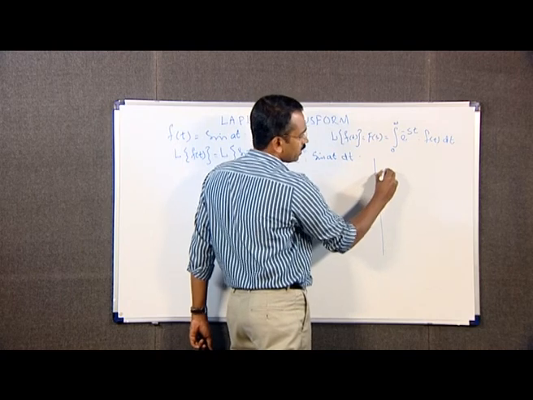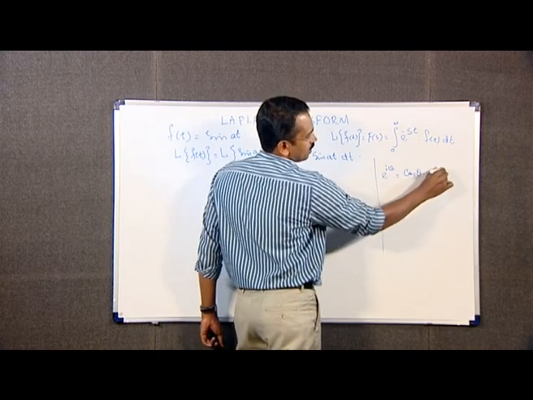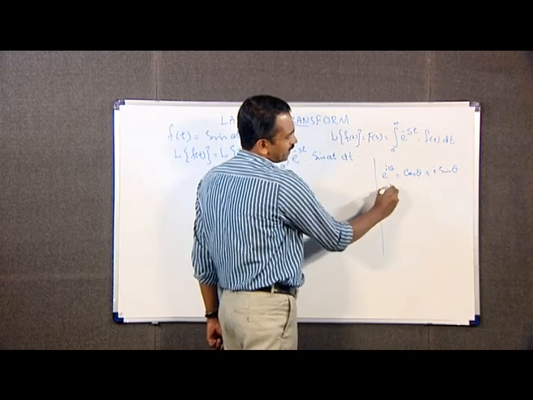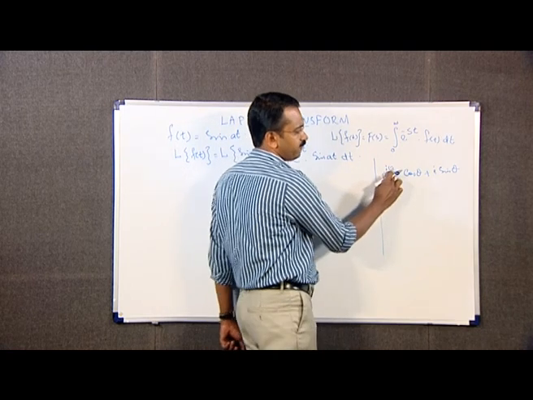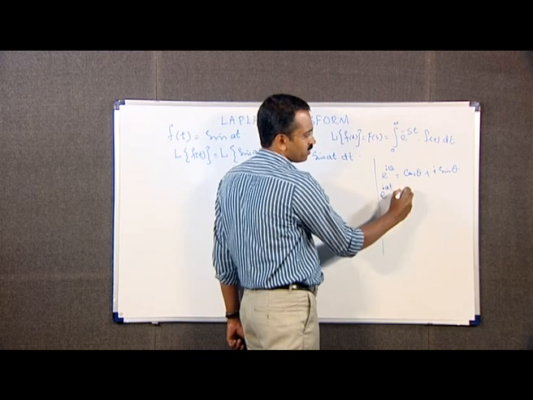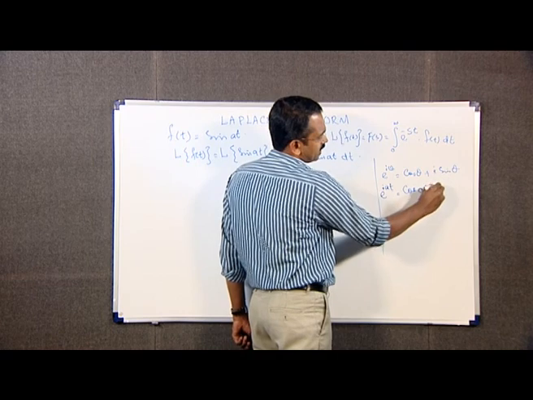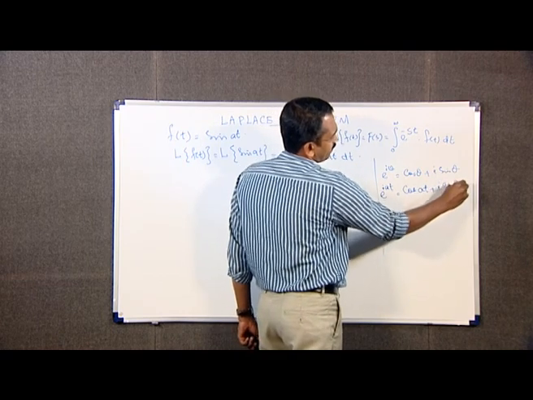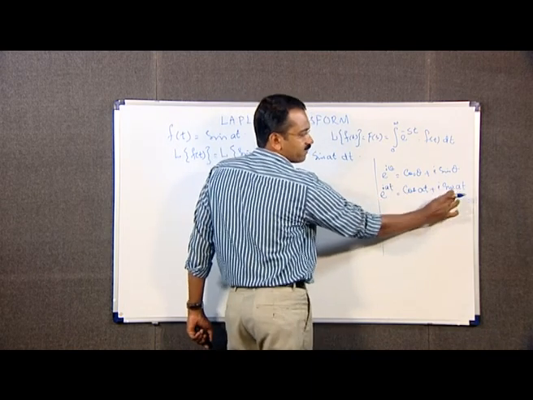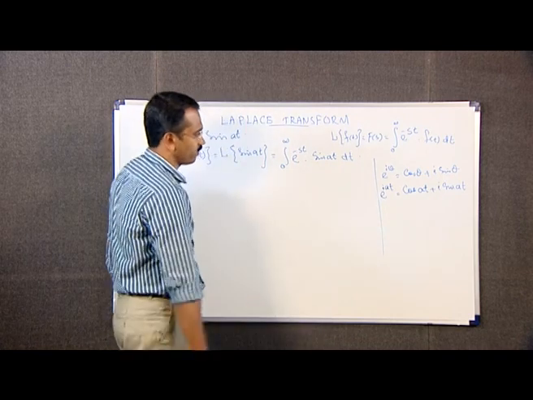We know that e^(iθ) = cos θ + i sin θ. Therefore, replacing θ with at, we get e^(iat) = cos(at) + i sin(at). That is, sin(at) is the imaginary part of e^(iat).